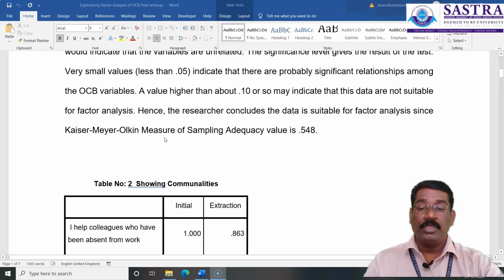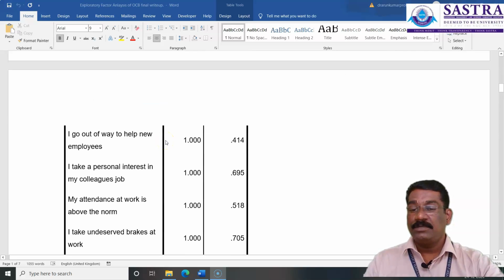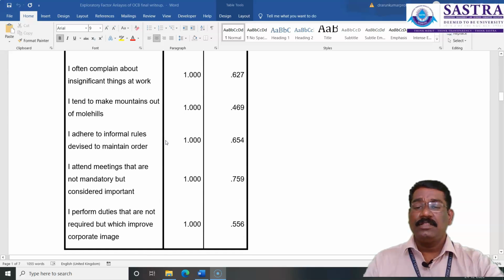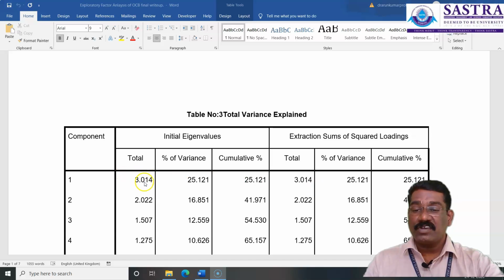Table 2 shows communalities, and the third table shows the total variance explained. From there we can look at the initial eigenvalue and extract how many factors got loaded. At the same time, the percentage of variance of each factor can be identified, and by looking at this, we can also prioritize the factors.